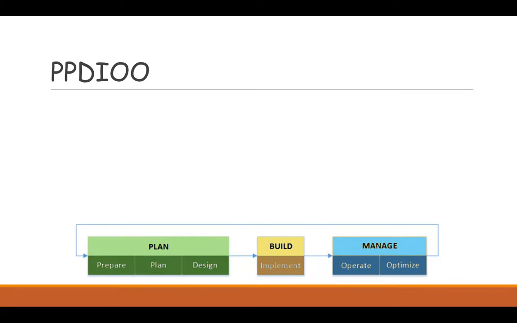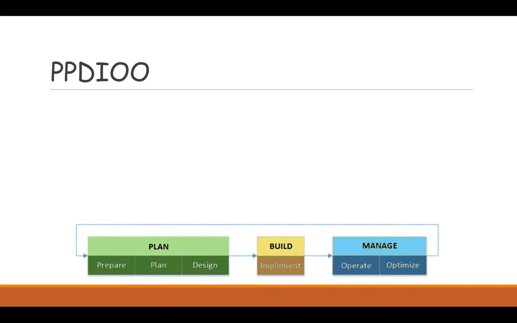Now, Cisco has developed two different design life cycles. First was PPDIOO, an acronym typically spelled rather than said. PPDIOO formalizes the steps involved with designing, operating, and eventually optimizing the network.